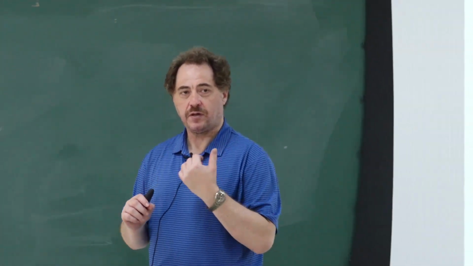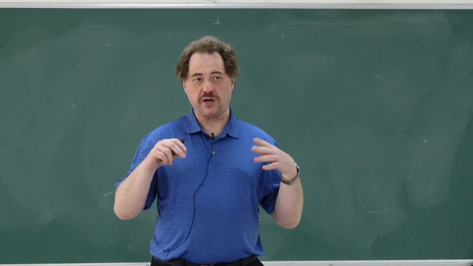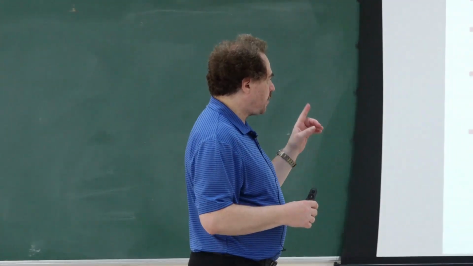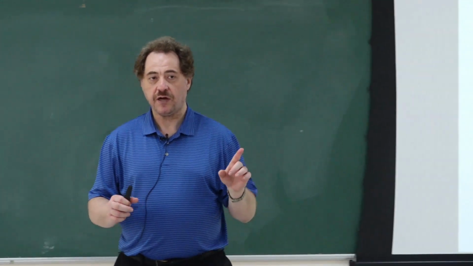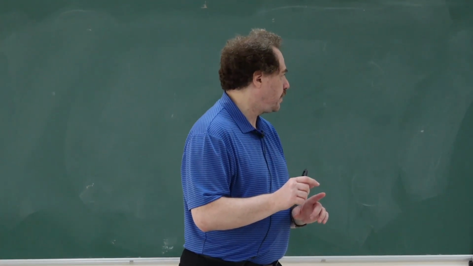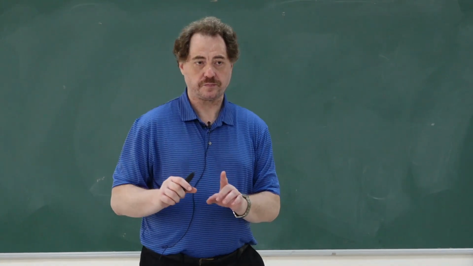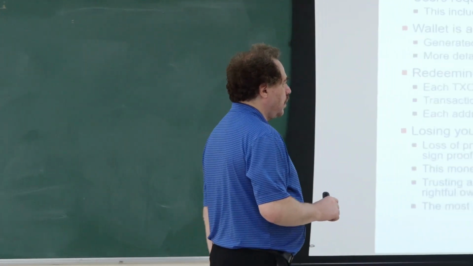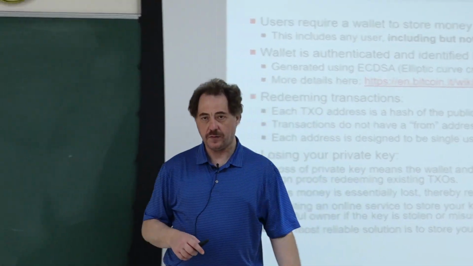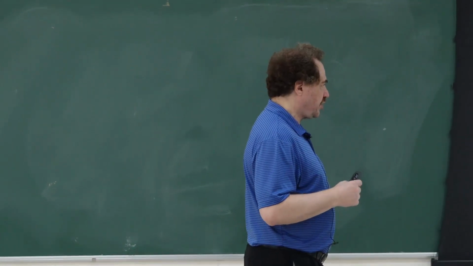So what happens is that the wallet generates a new pair of public-private keys, then takes the public key of the receiver, applies the hash, and that hash becomes the address of the receiver. And the receiver needs, of course, to sign the proof with the private key in order to redeem the transaction.